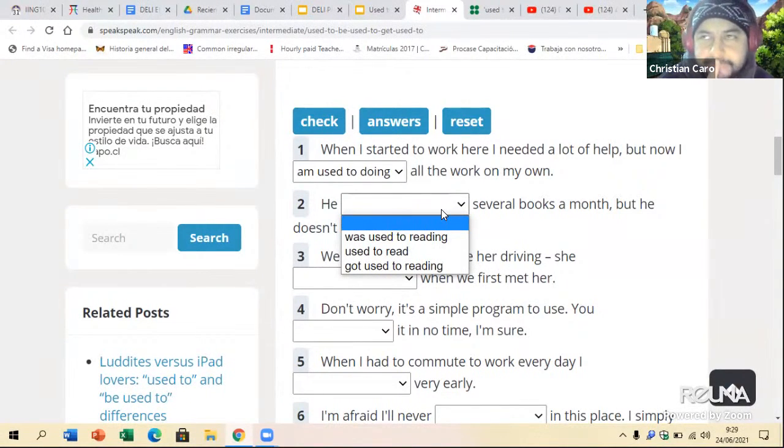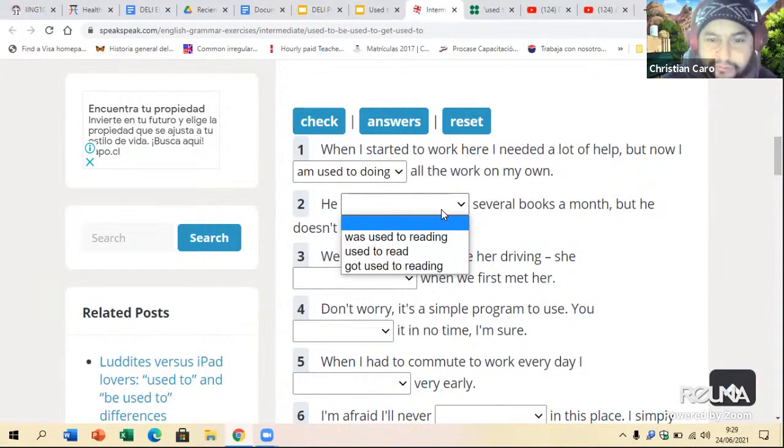Remember that there is one use, which is repeated actions in the past or past habits, but that are not happening anymore. Ese era uno de los usos de esta estructura.